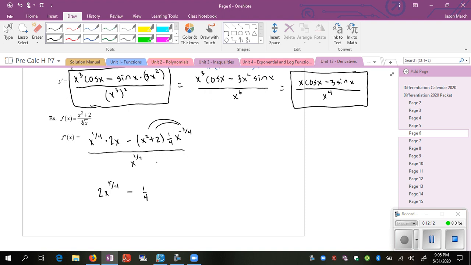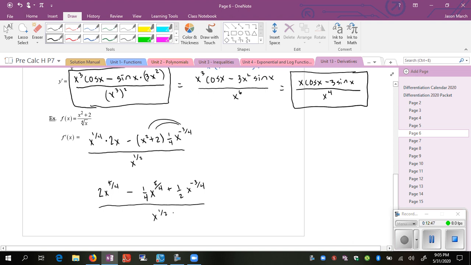So 2 plus negative 3/4 is 5/4. Plus 2 times a fourth is half, x to the negative 3/4, all over x to the 1/2.